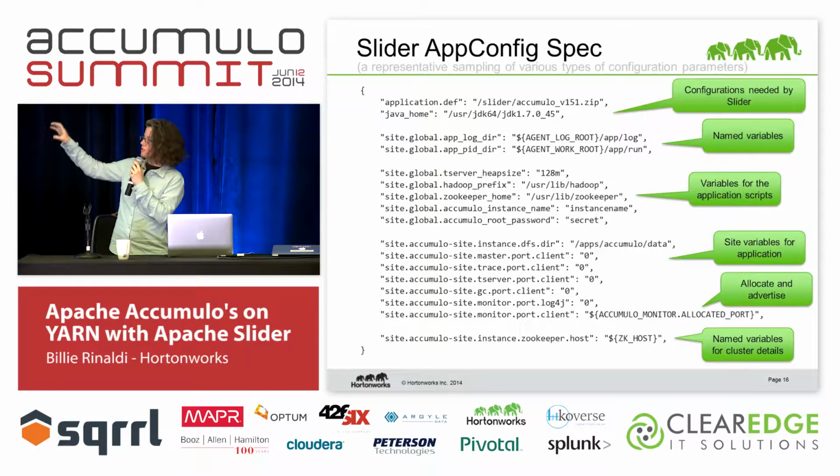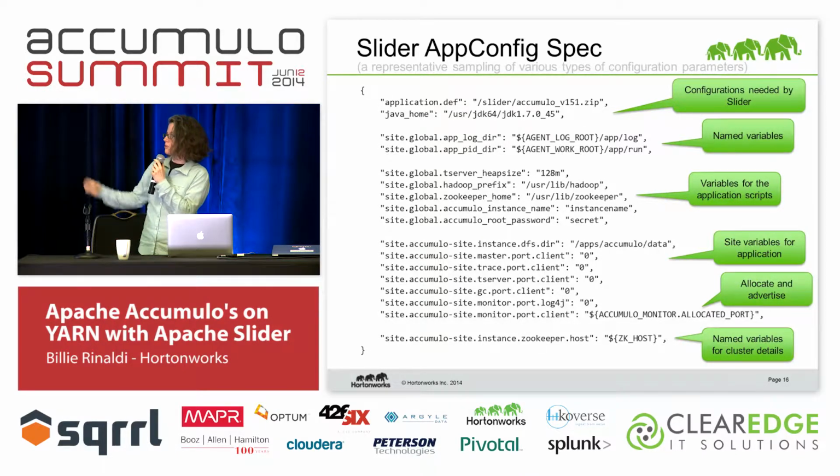Above the site section, there are some global variables, and these are things that are needed by those scripts to configure and start up Accumulo. Things that would get filled into the Accumulo env file, etc. There are some properties that every application has, such as the logdir and the PID directory.